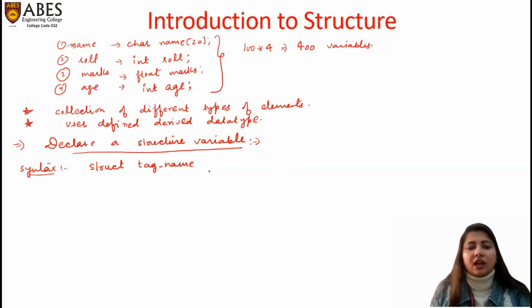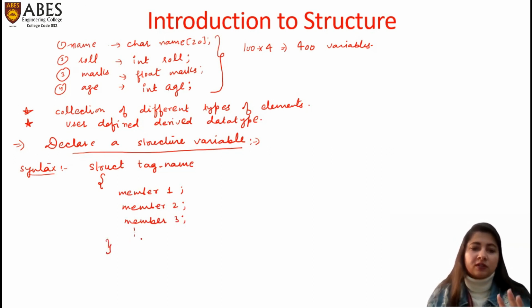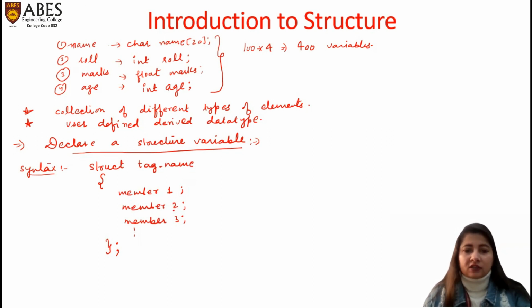Tag name is nothing but the name given by the user to the structure. Then a starting curly brace, and within the body of the structure, we will write members, and so on. These members are nothing but the information that we want to store in this particular structure, along with a semicolon. So this is basically the designing of a structure.